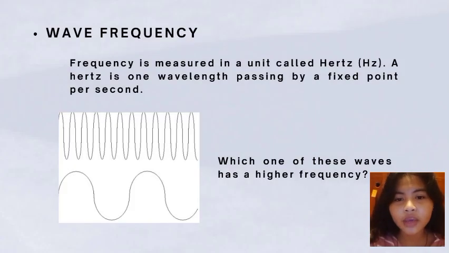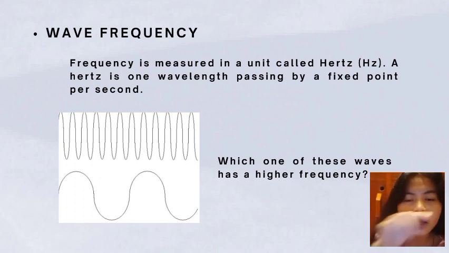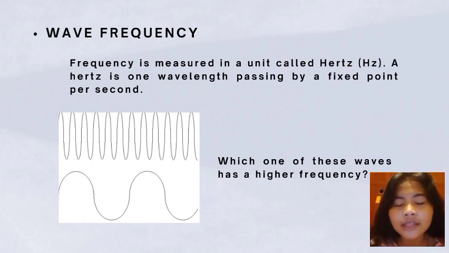Next is the wave frequency. Wave frequency is the number of wavelengths that pass a fixed point every second. When frequency increases, wavelength decreases. If we refer to the first illustration, when I asked which has a larger wavelength, what is the frequency of the first wave?